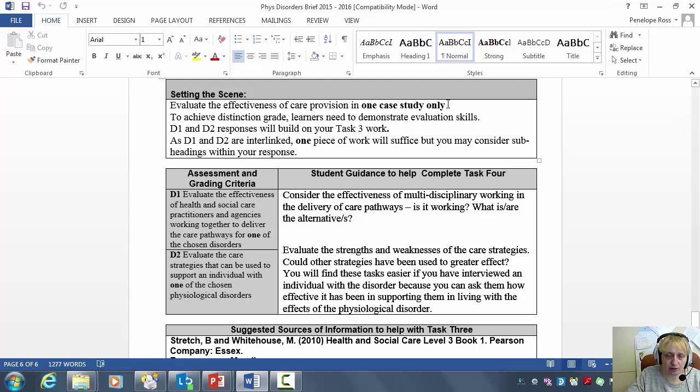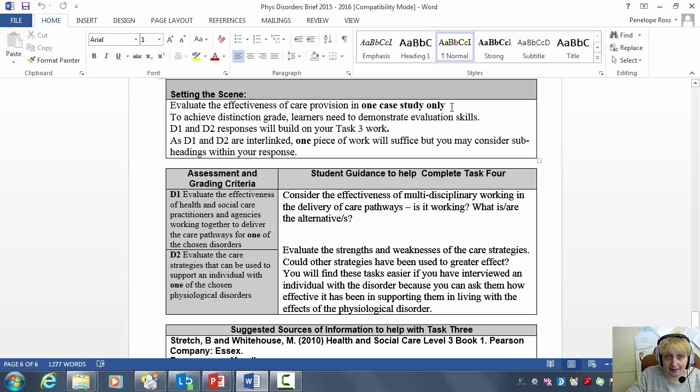So for example, if you've written about asthma and multiple sclerosis, for instance, you only have to choose one of those. So you can discard one at this point, which I know they haven't done for the rest of the year, but you could discard one and write just about one of them.